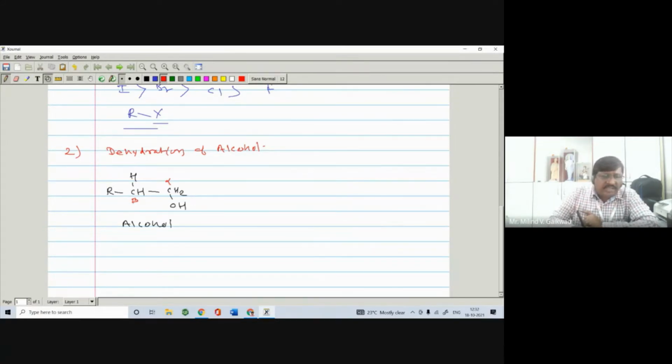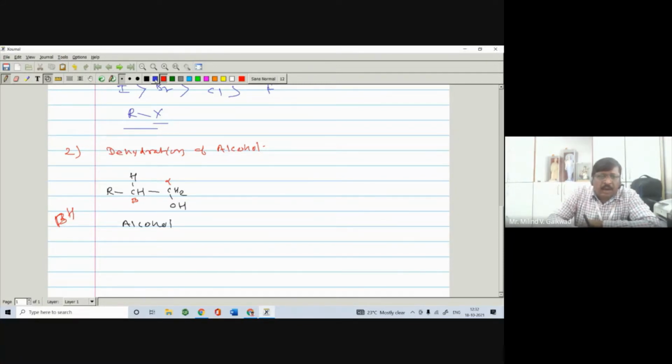The required condition is that there must be at least one beta hydrogen for the elimination reaction.